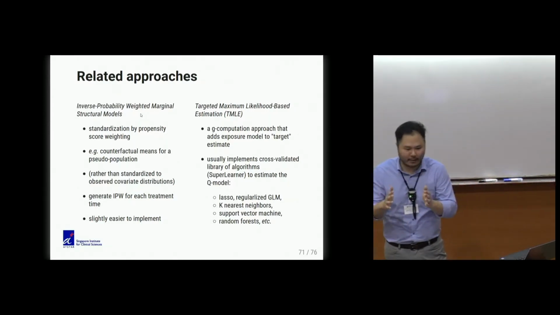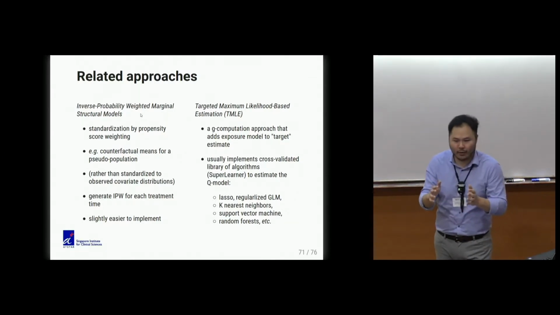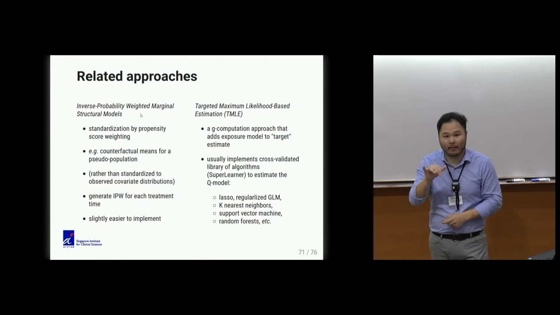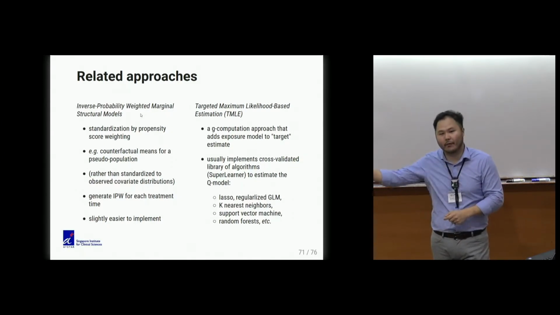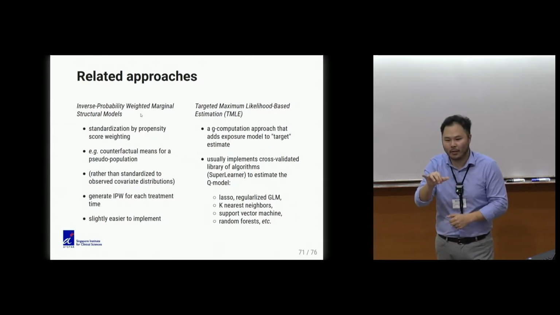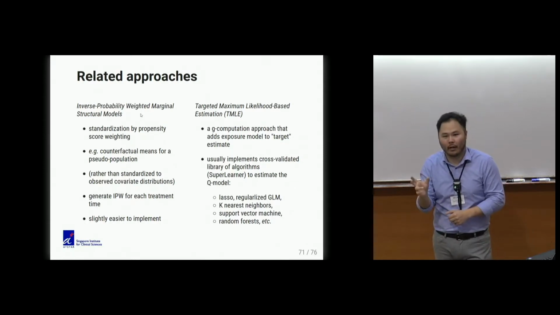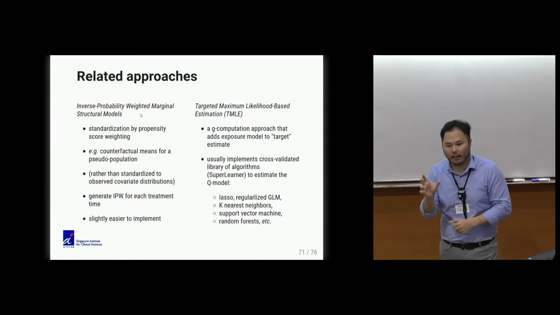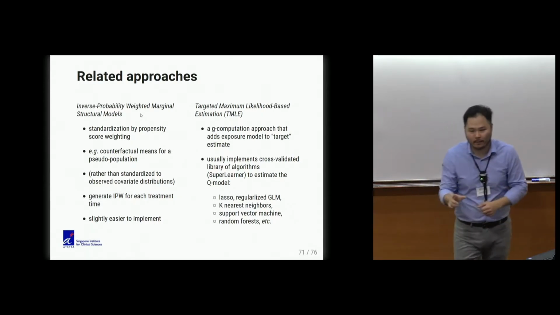You put them together, and then you also use machine learning approaches to estimate those models. So those regression models that you have, they have a number of covariates, for example. You can use a machine learning approach, cross-validated approach, to help you select the best combination of those variables to more efficiently estimate each one of those equations.